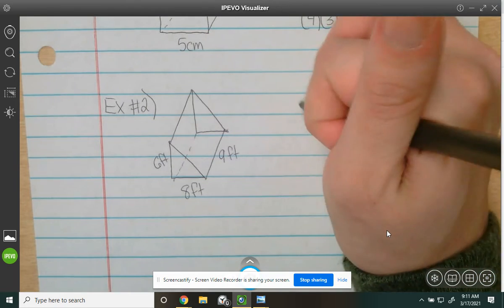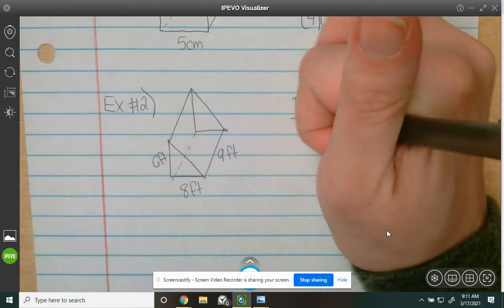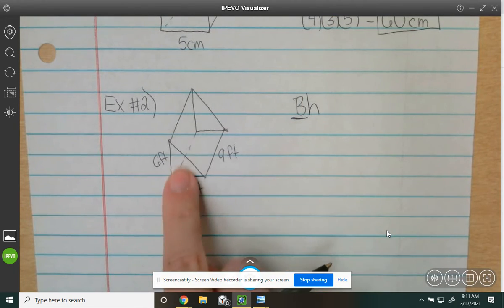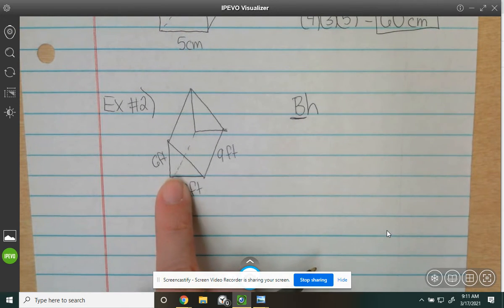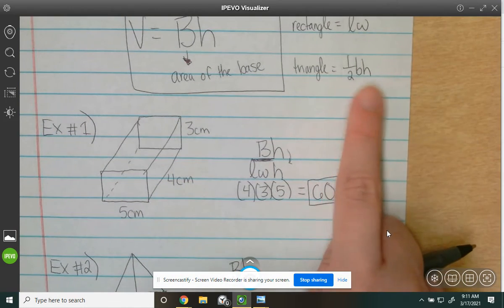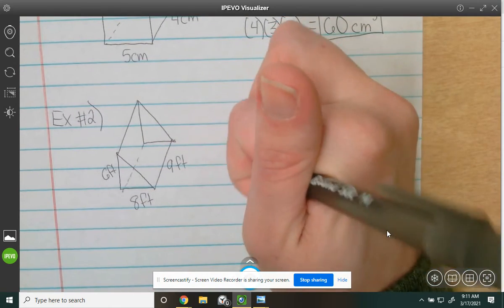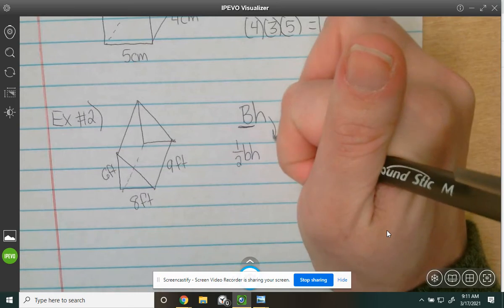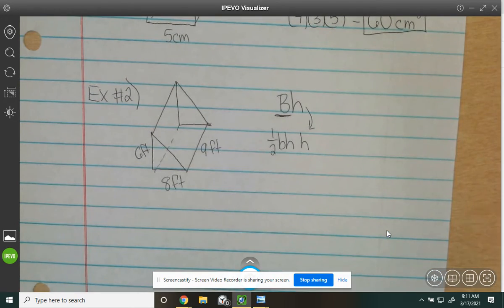Okay, so once again, BH is my volume formula. My base is a triangle because this is a triangular prism. With my triangular prism, I have to use the triangle formula first. So I'm doing 1/2 BH, and then I have to drop this H down. So this one's weird because I had 2 H's. I'll kind of explain what that means.